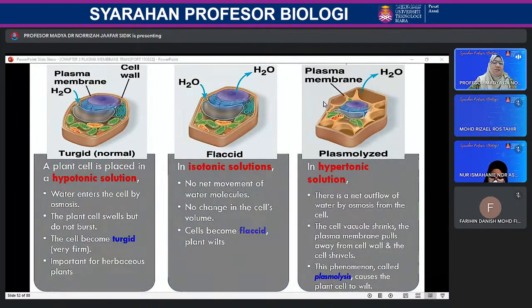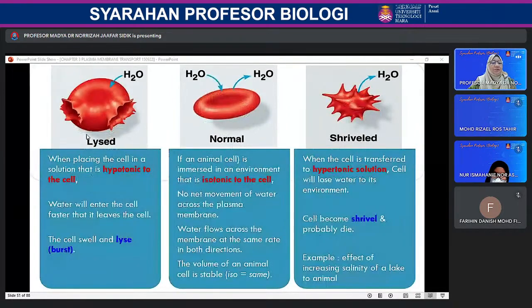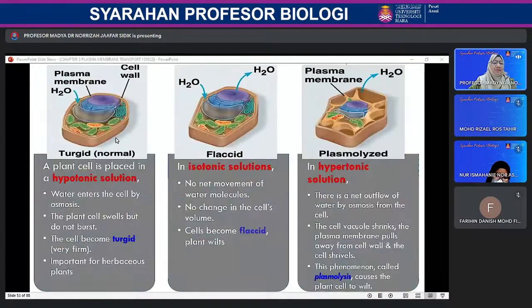Okay, whereas now we go to the plant cell, in a hypotonic solution. What happened? The cell will become turgid, but it will not burst as what we can find in the red blood cell, because the plant cell has a cell wall.